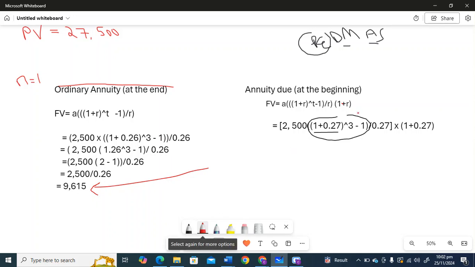Then, after you get 1.048, multiplied by 2,500, you get 2,620.9, and you divide this by 0.27.